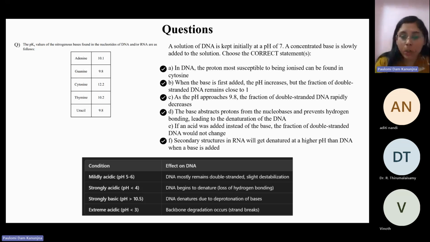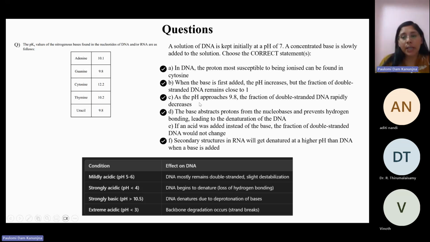It's only when the pH reaches a very strong condition, more than 9.59 or 10.5, that the DNA denatures due to deprotonation of bases. The removal of protons from the bases becomes more evident at very basic pH. That's why when you are adding the base at the initial stages, even if the pH increases, the double-stranded DNA doesn't seem to change at all.